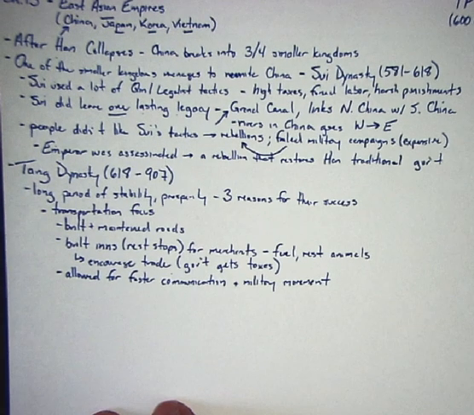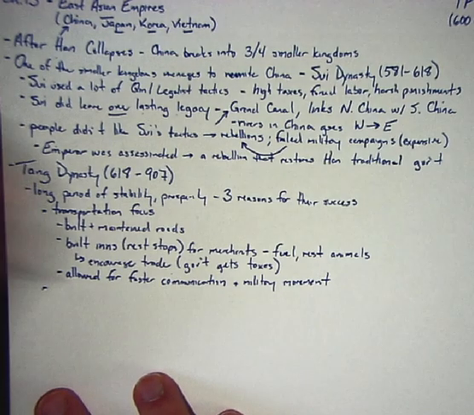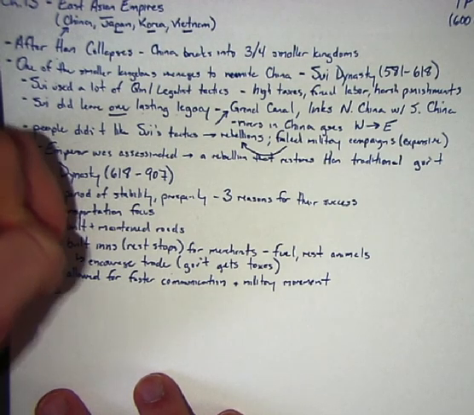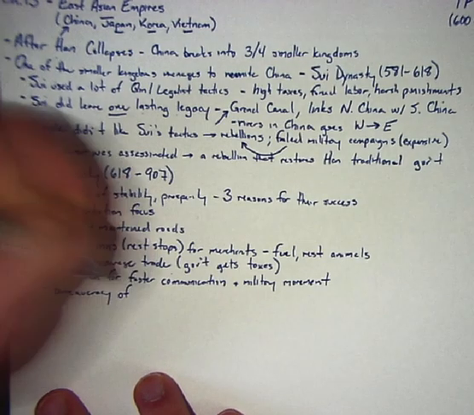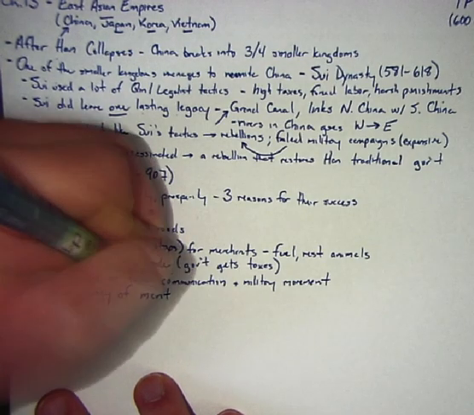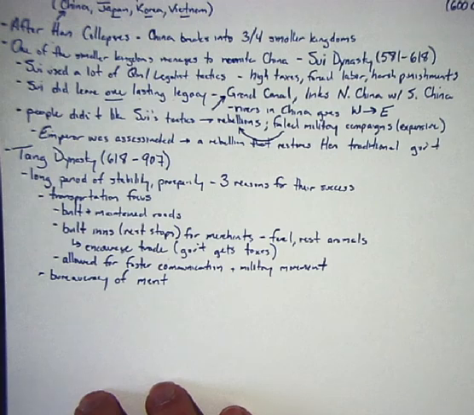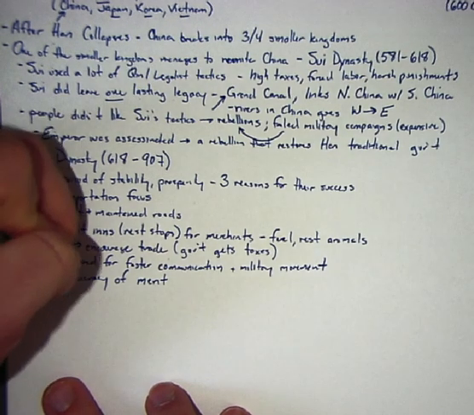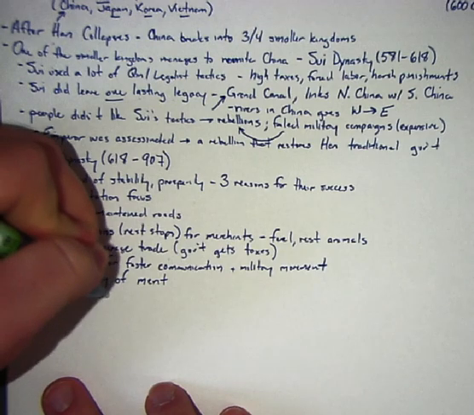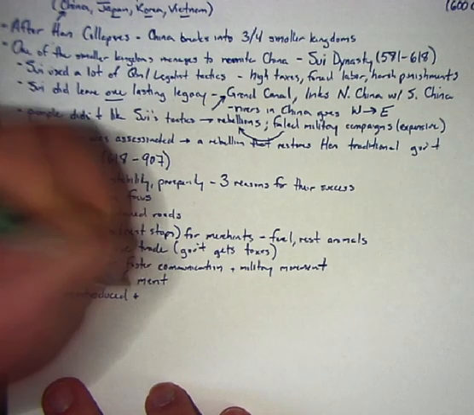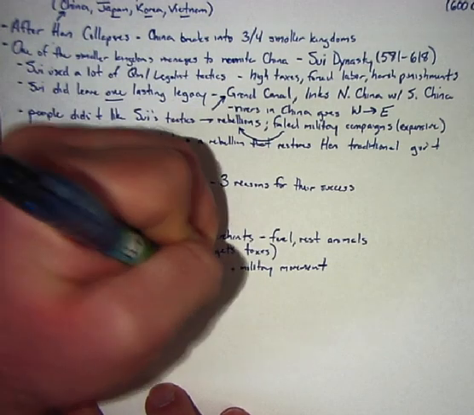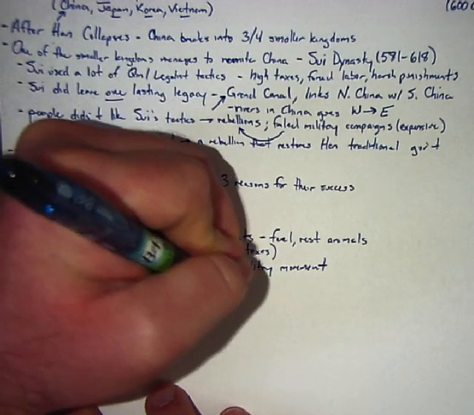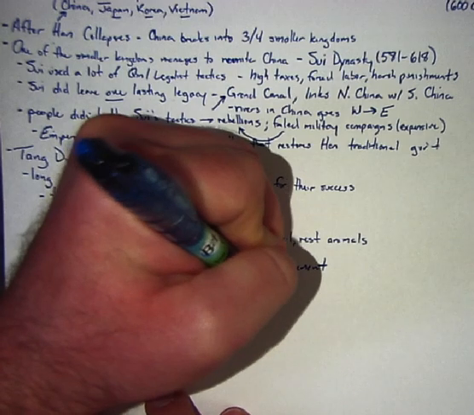Another reason that the Tang were so successful is that they really built up this bureaucracy of merit. Bureaucracy of merit. So they reintroduced and reinforced the Confucian education system.